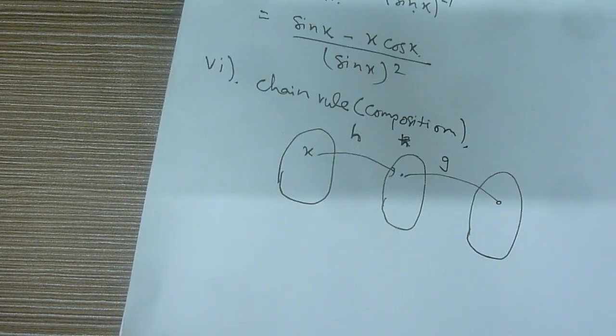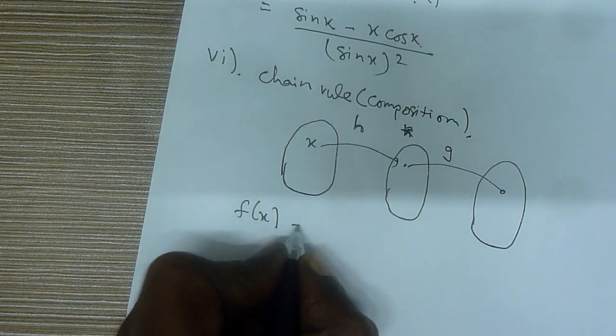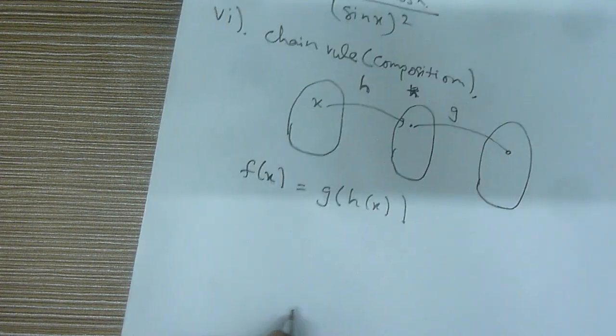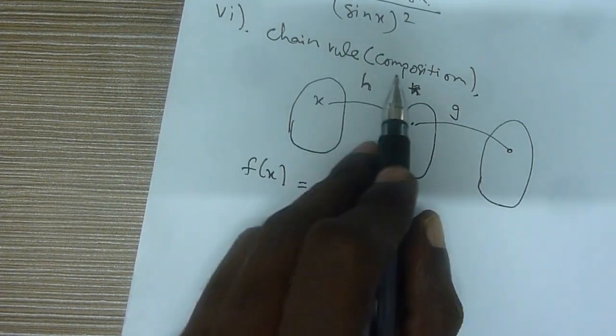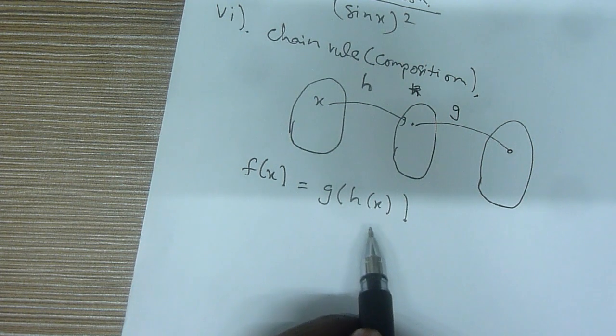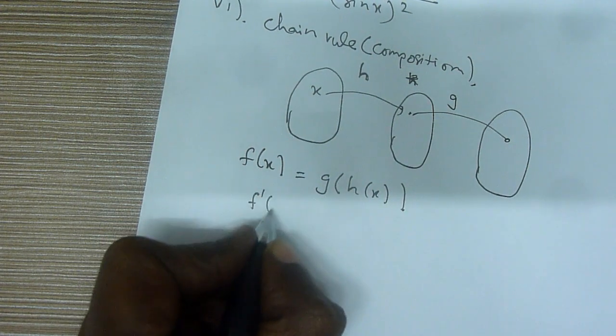Therefore, in this particular case, if I say f(x) is equivalent to g(h(x)), if you see a kind of composition in any equations, you should be able to differentiate that in the simplest way.